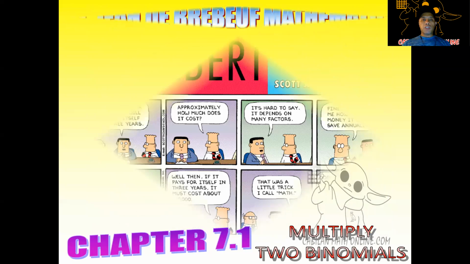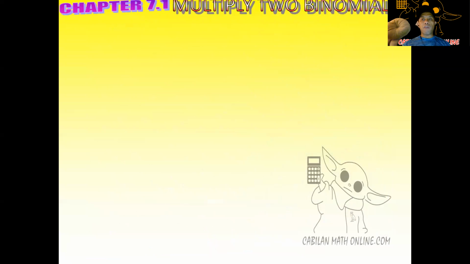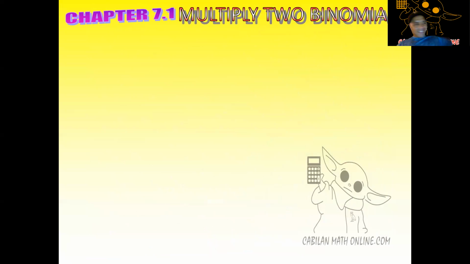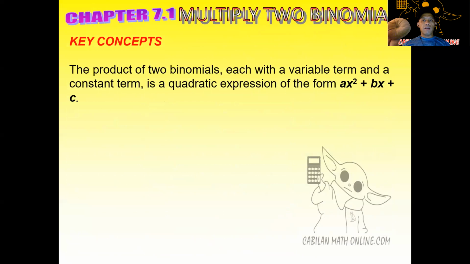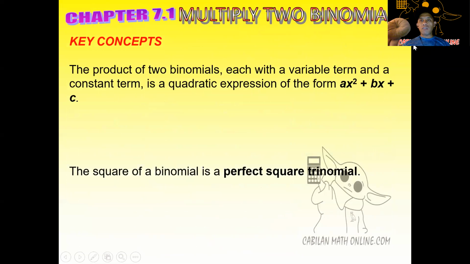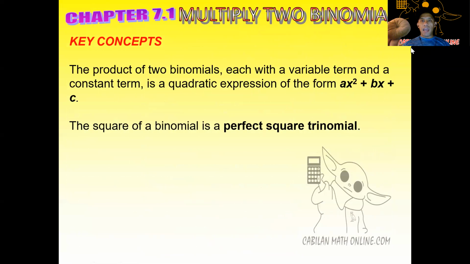So when we're multiplying two binomials, what you're going to see in every question is two sets of brackets. And what we want to do with the two sets of brackets is to expand it and get an expression in the form of ax squared plus bx plus c.